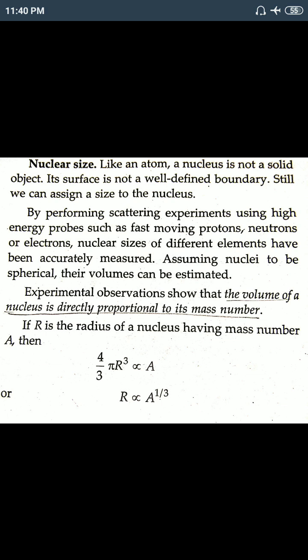If we consider the radius of the nucleus is r, having mass number A, then the volume 4 by 3 pi r cubed is proportional to A. So r cubed is proportional to A, because 4 by 3 pi is also a constant. So we can write r proportional to A to the power 1 by 3.